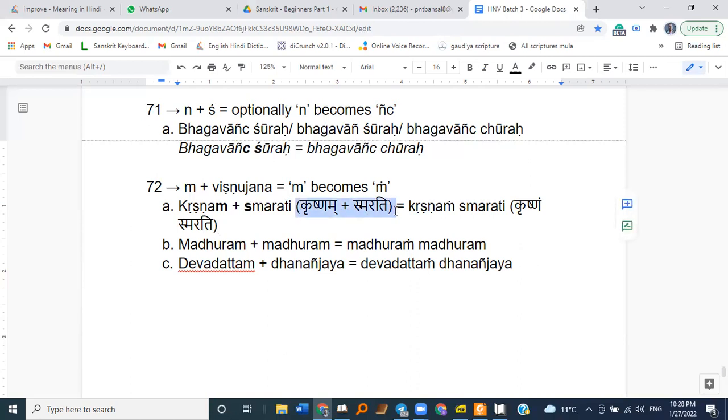Right, Prabhuji. So even before doing Sandhi, the word Krishnam, let's say in Dvitiya Ekvachan, would still be Vishnu Chakram, right, if the next word is Smarati. It's originally Ma and it becomes Vishnu Chakra by this rule. Okay, that's why I said this is before doing Sandhi. Okay, Prabhuji. Thank you so much.